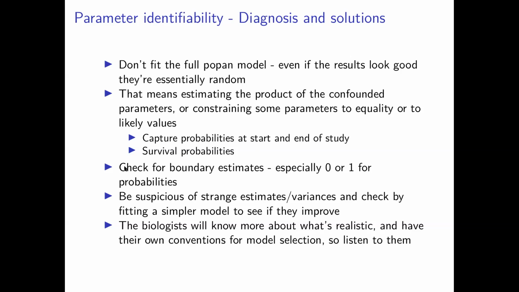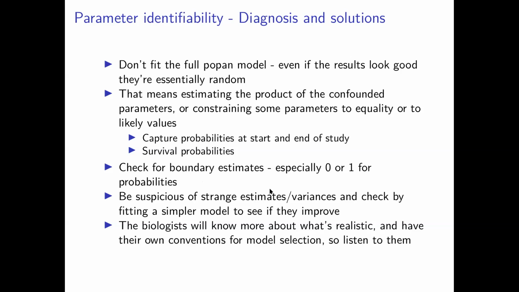When you fit your model, you should always check for boundary estimates, especially 0 or 1 for probabilities. If you have boundary estimates, it's a good sign that you probably have a parameter identifiability problem, either from your model having too many parameters or just because the data is not good enough for that model.